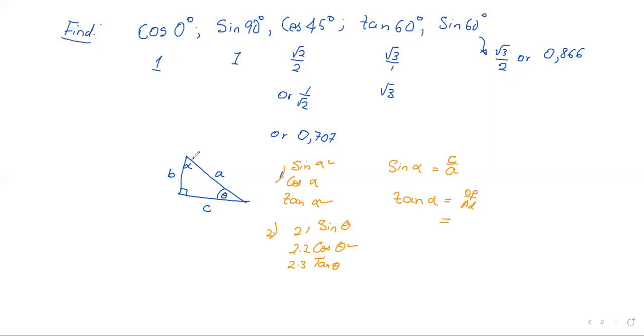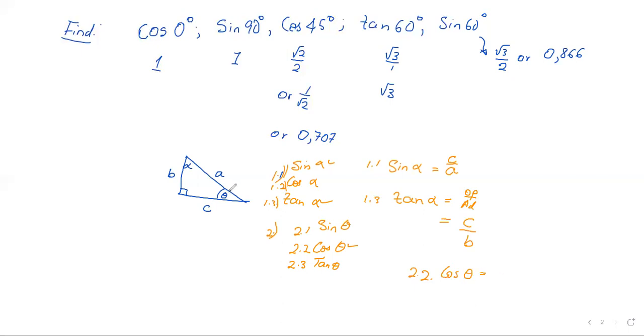And what is opposite alpha is C. Adjacent will be B. The last one, 2.2, the cosine of theta.